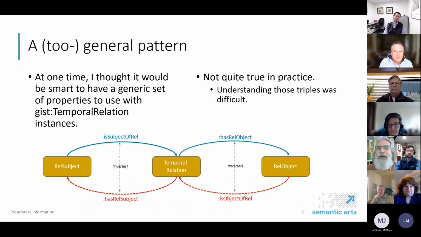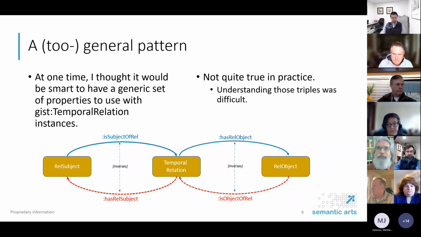Their utility was not very good in practice. If you use a triple with has rel object as the property, for instance, that's very hard to look at as a human and understand what's going on. When I had created a bunch of these things and then looked at them, I was having to stop and build a mental model for every single triple to make sure I was correctly picturing which way the arrows were going, which way the verbs were pointing.